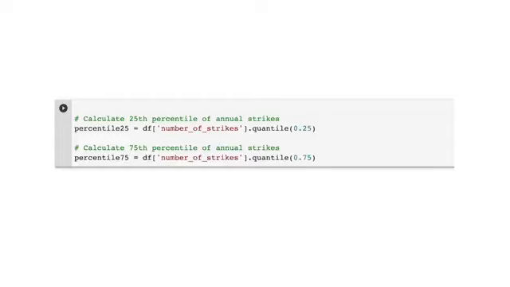This next piece of code will help us define what value is at 1.5 times below our interquartile range. We'll use the quantile function to define what we'll call percentile 25 and percentile 75. We enter our data column, number of strikes for our data frame, and then 0.25 and 0.75 in the argument fields.